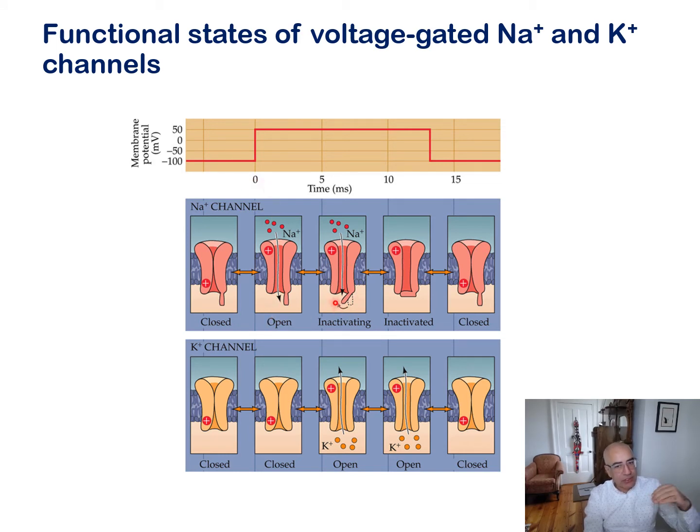But these channels are inactivating. That means that a part of the channel actually comes back and closes this pore. So even when the voltage is up, the channel closes and ions stop flowing. So these fast sodium channels only allow sodium ions to go through transiently when the voltage is up, and after that they just don't.